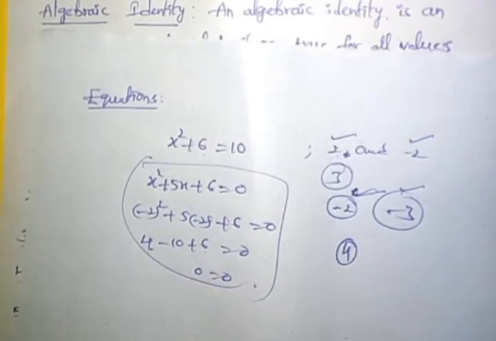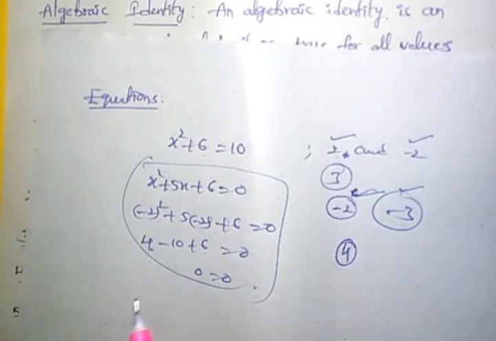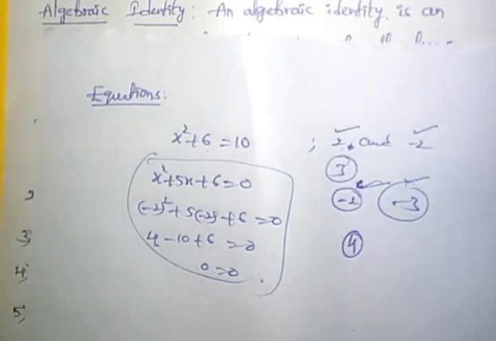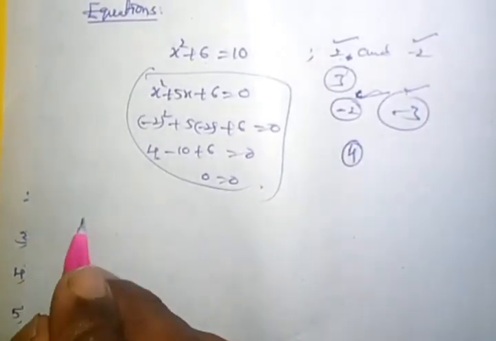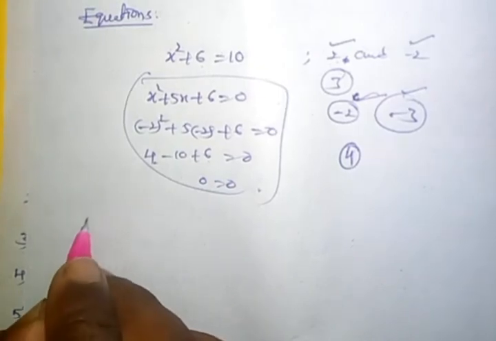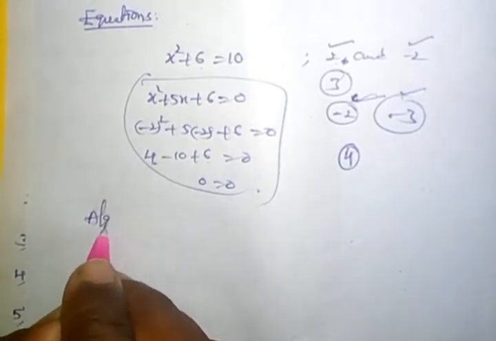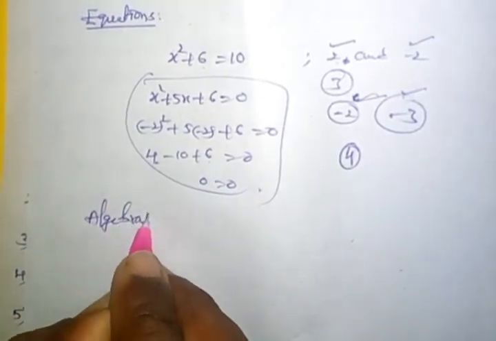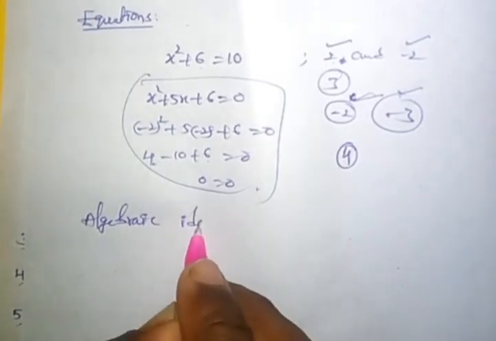Okay, so finally what I am saying is, an algebraic identity is nothing but an equation, but it is true for all the values of variables, whereas an equation is true for only a few values. Okay, now coming to identities. Algebraic identity.